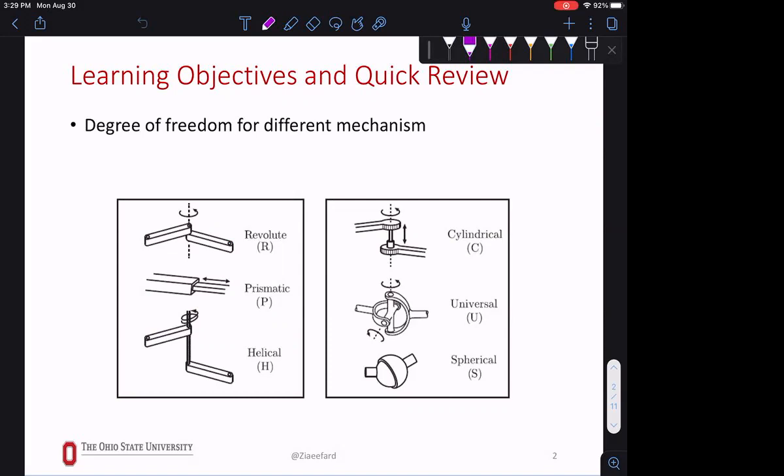Now, we talked about degree of freedom in general. An object is really how many degrees of freedom it has in total. One object in 3D space has 6. One object in 2D, how many maximum degrees of freedom can you have? 3, right? So these are our basics, our default. Now, if we add constraints, we are limiting their degrees of freedom.